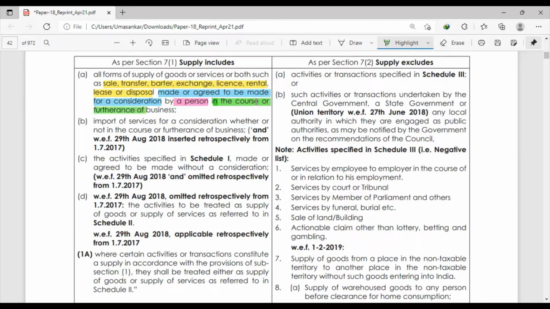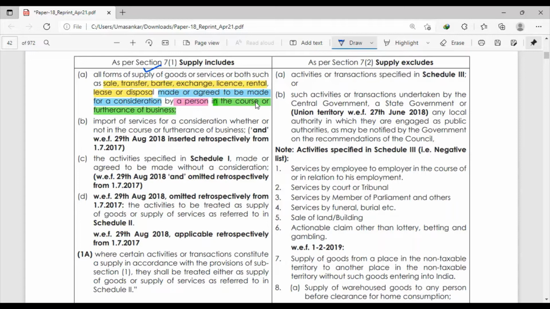So supply includes all forms of supply of goods and services or both, as sale, transfer, barter, exchange, license, rental, lease, disposal, made or agreed to be made for a consideration by a person, in the course or furtherance of a business.